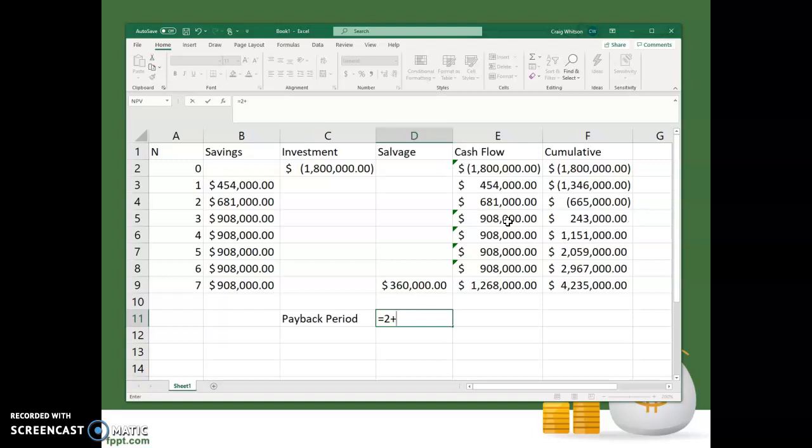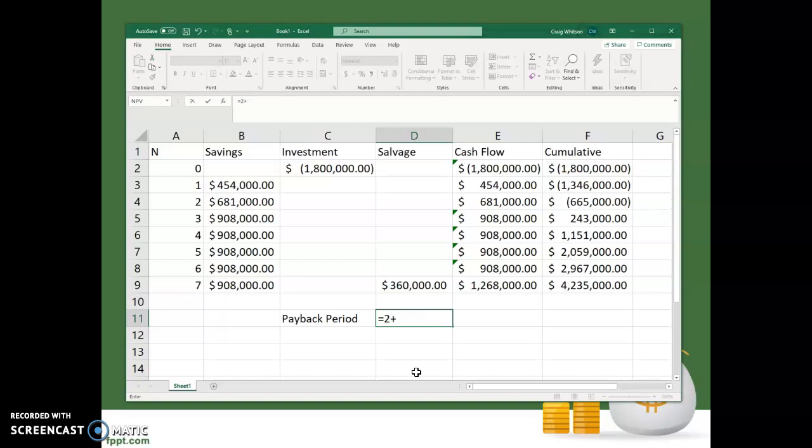So in order to find out what portion or fraction of this amount will get us to exactly 0, we want to add to our value of 2, 665. I could put in 1,000, but I think I'll just drop the zeros off. 665 divided by 908. Or actually, I could use cell references.